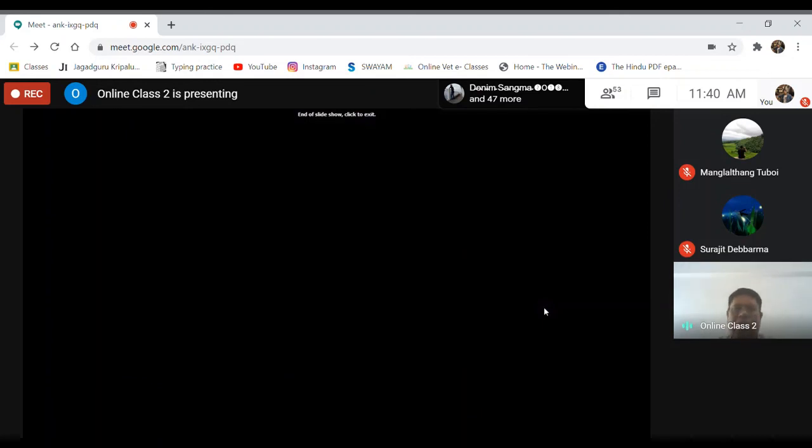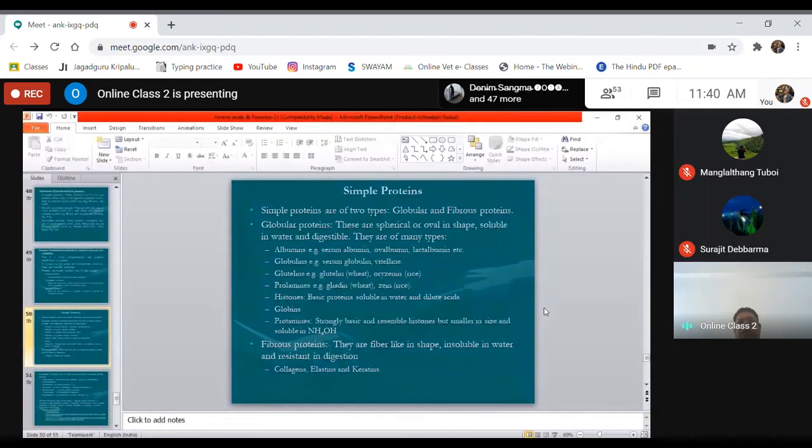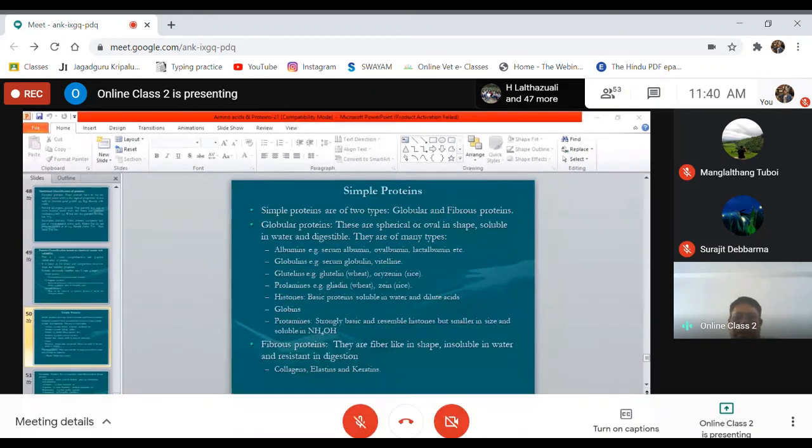So this is all about the amino acids and proteins which we had to discuss. And with this, we have finished unit 1. What we discussed in unit 1 is biomolecules. Here we started with the scope of biochemistry.